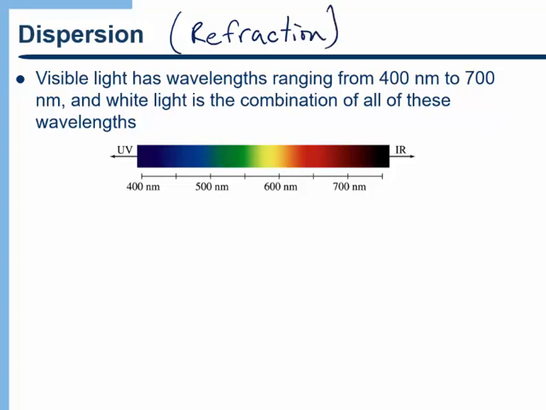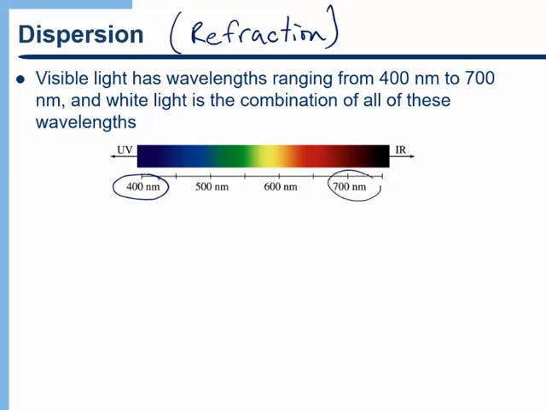In order to understand dispersion, we first have to understand a little bit more about visible light. When you see white light, what you're actually seeing is a combination of all of the wavelengths and frequencies that are visible to us. In this diagram, I show you the different colors for the different wavelengths of light. So down at the 400 nanometer wavelength, that's where we have violet.